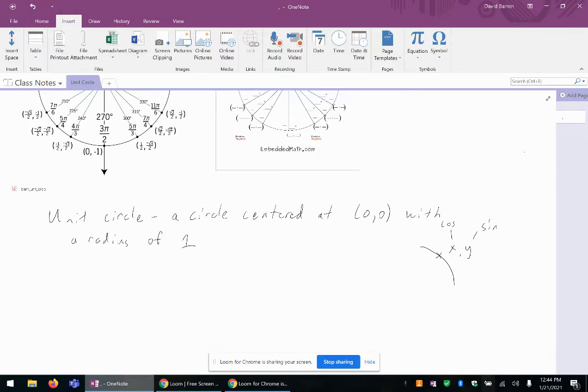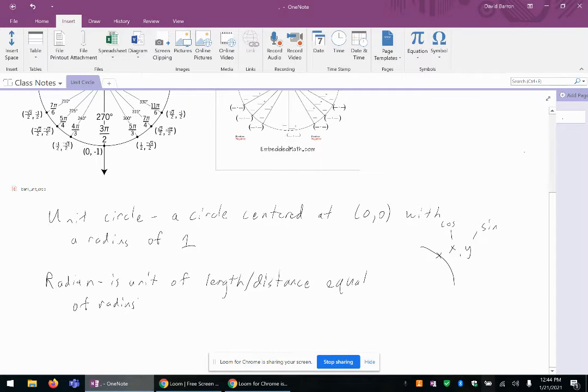And the other definition worth noting here is that of a radian. A radian is a unit of measuring length or distance that is equal to the radius of whatever circle we are talking about at the time.